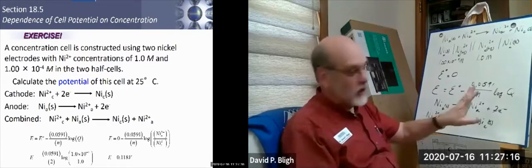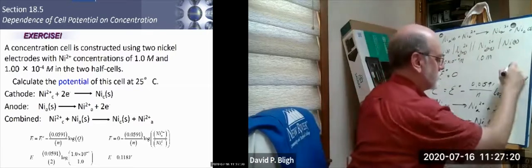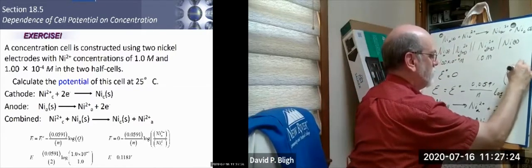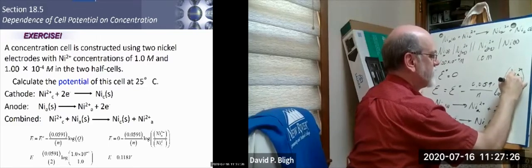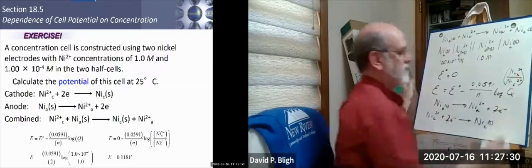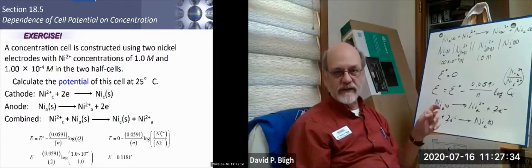So now we know that the Q is the anode concentration over the cathode concentration, right? What happened to the solids? They don't count, right?